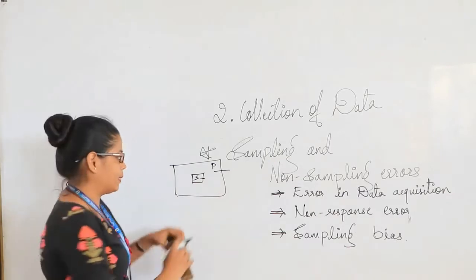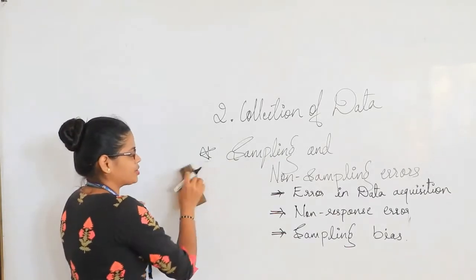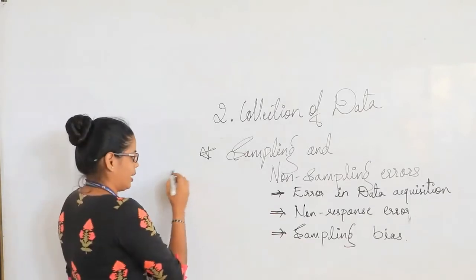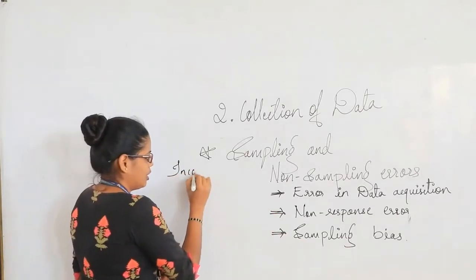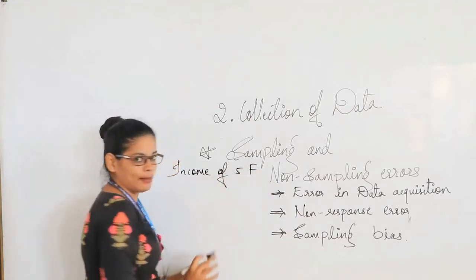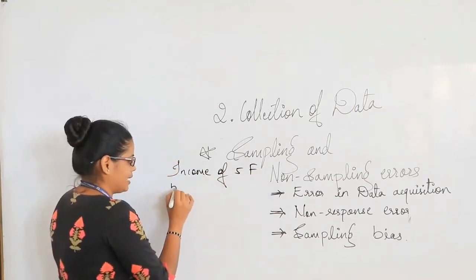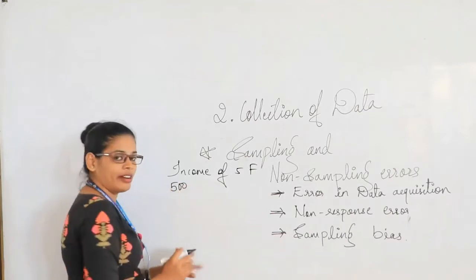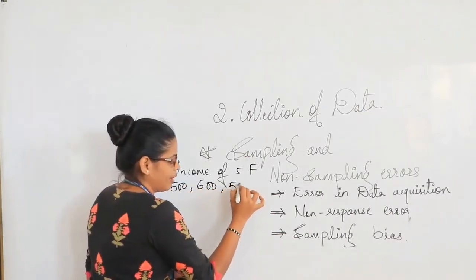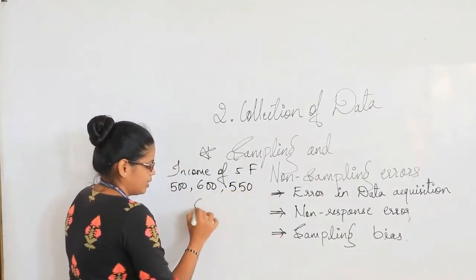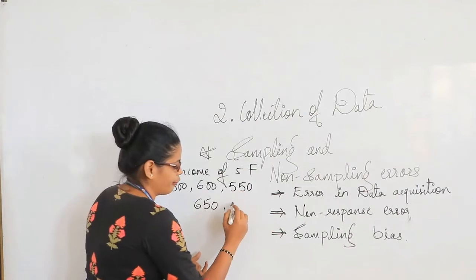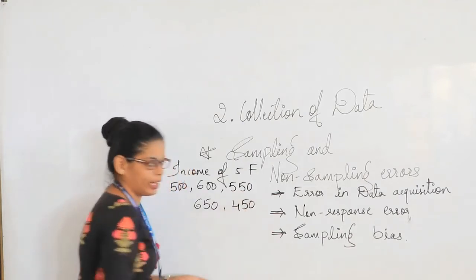For example, I want to study the income of 5 families. The first family's income for a month is 500, the second family is 600, the third family maybe 550, the fourth family maybe 650 and the fifth family maybe 450.